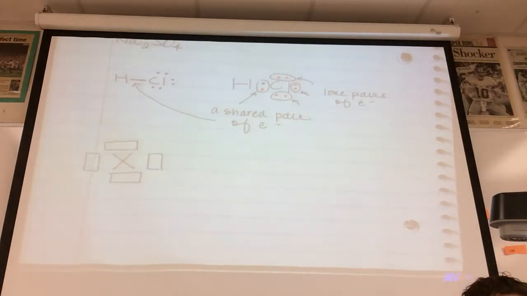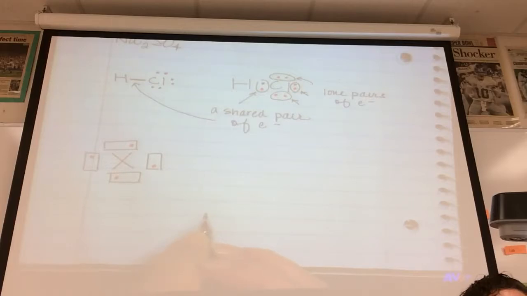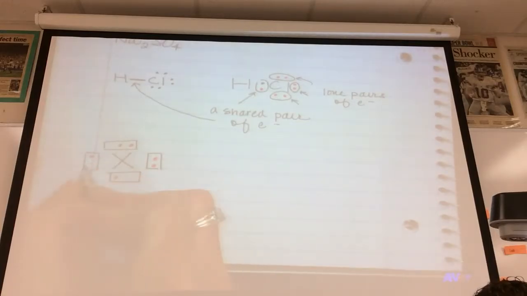And these are the dots. I typically start right here, then here, here, then here. 1 electron in each orbital until pairing occurs. So 5, 6, 7, 8.